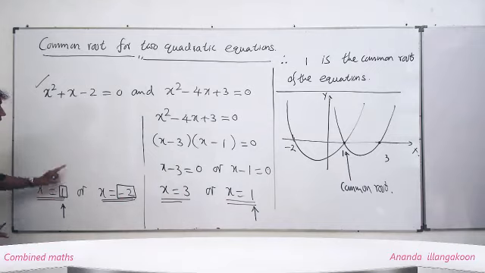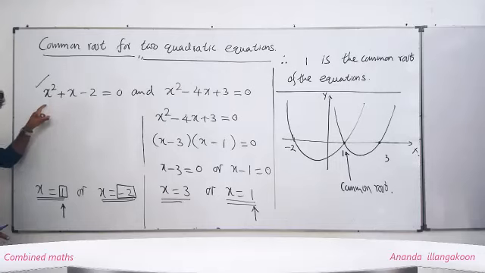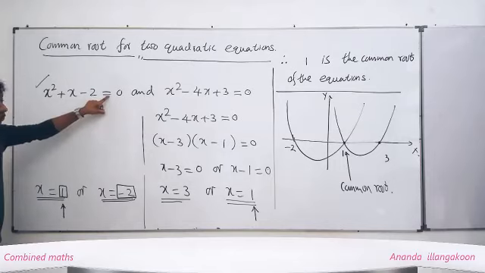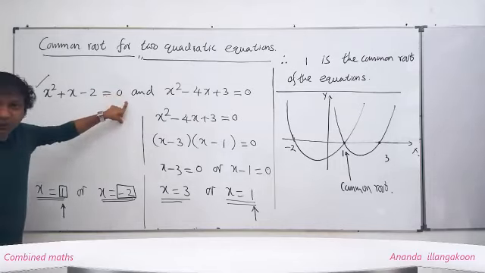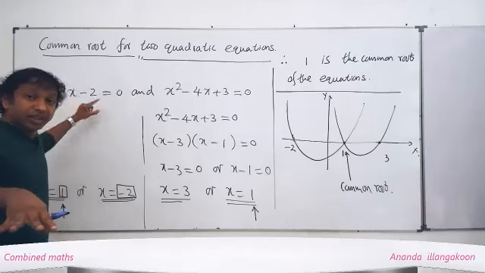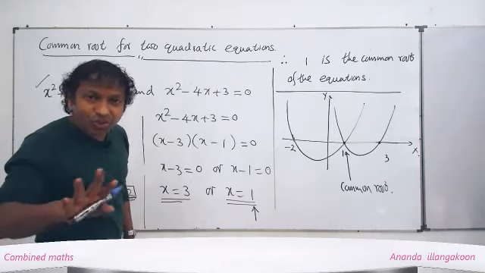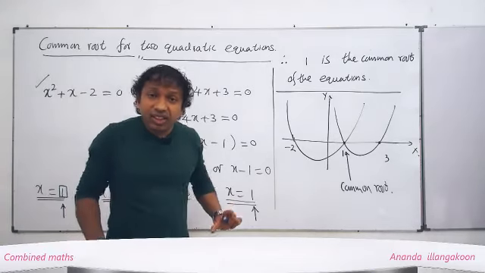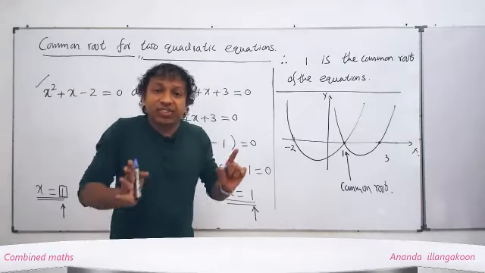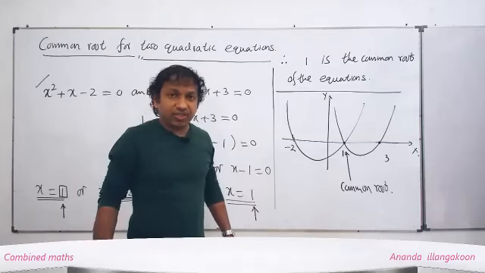When you substitute this 1 in the places of x in the left hand side, and when you simplify that left hand side expression, the value will be equal to the right hand side 0. That means when you substitute those x values we got for the roots in the left, the simplified answer is equal to right hand side 0. That is known as, people, the root satisfies the quadratic equation.